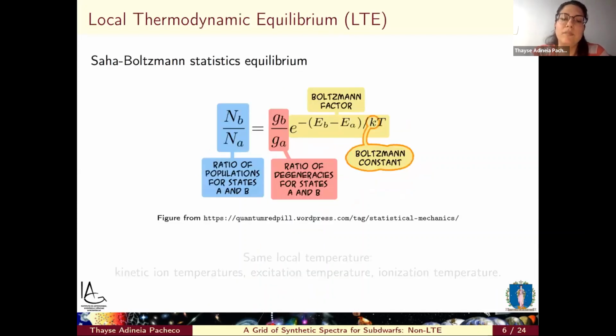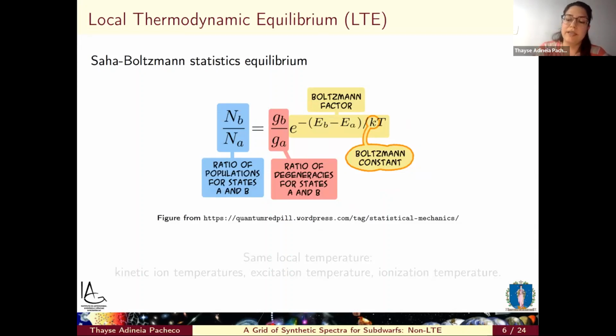The most popular atmosphere models are built in local thermodynamic equilibrium, which is based on Saha-Boltzmann statistics equilibrium.